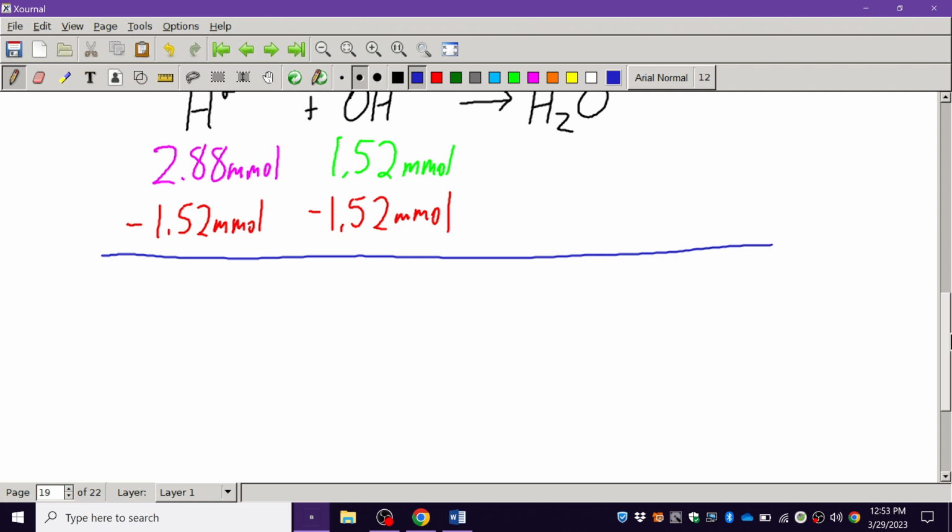Okay, so how much hydrogen ion do we have left? 1.34? 1.36, thank you. Okay, so what kind of solution do we have here? Is it weak?